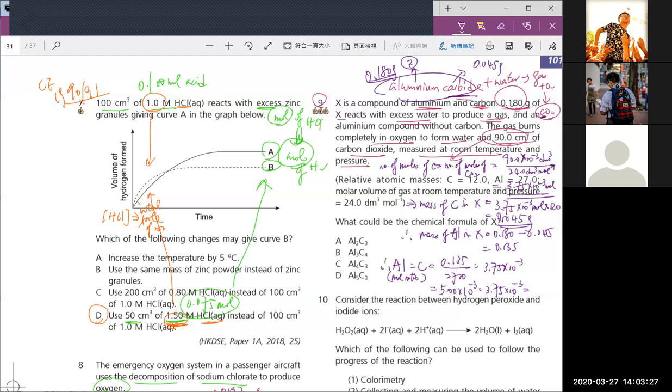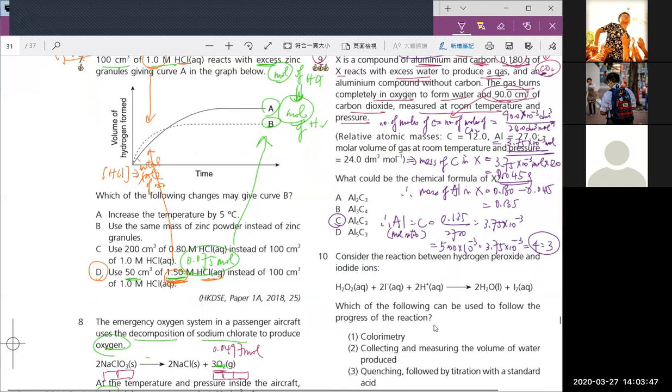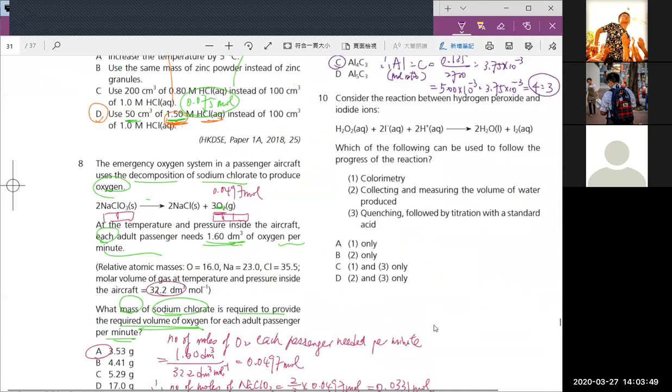It is 1.33, which is 4 to 3. The answer is C. Can you get it? You get all those, right? Question 10. It's easy, right?